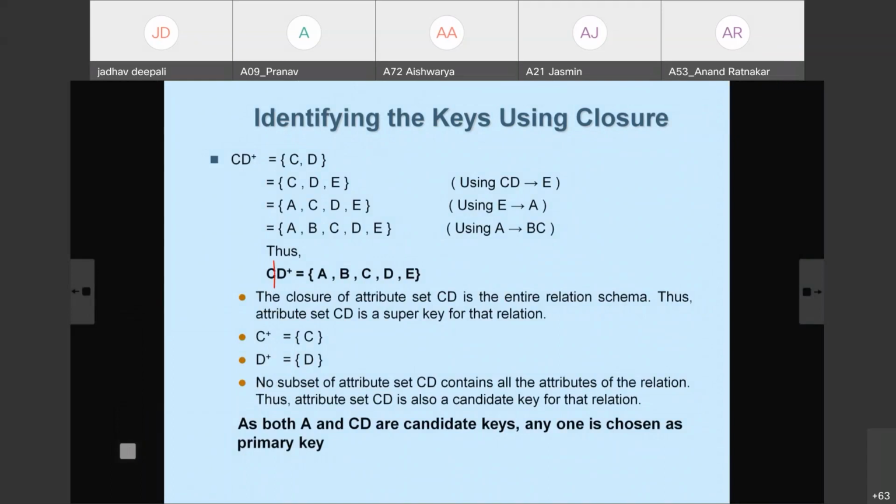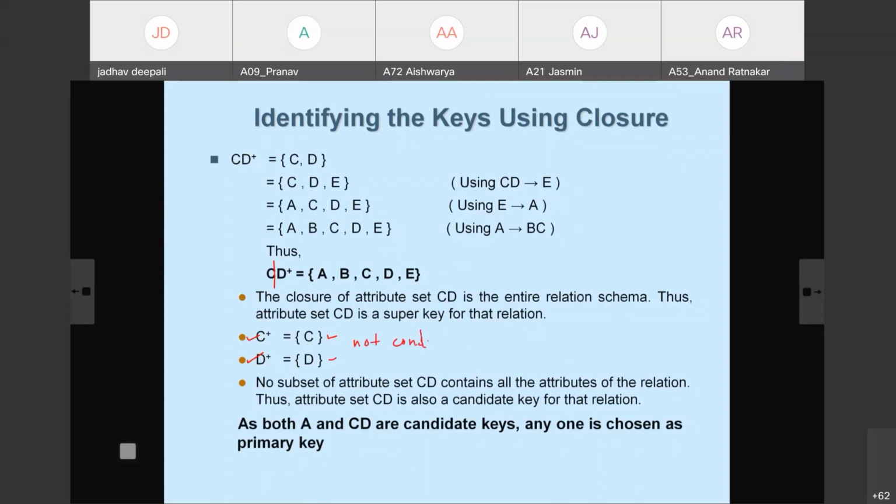So we are going to see whether its subset closure result also contains all the attributes of the relation. We are going to find out C closure first. C closure, only C comes into the result using the functional dependencies, and if we calculate D closure, only D comes in the result.